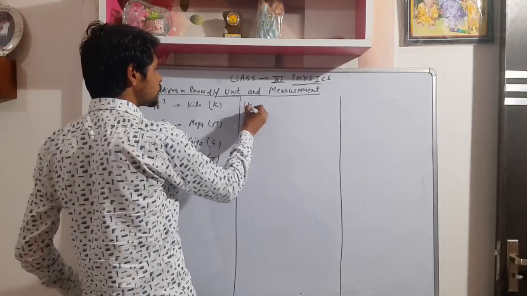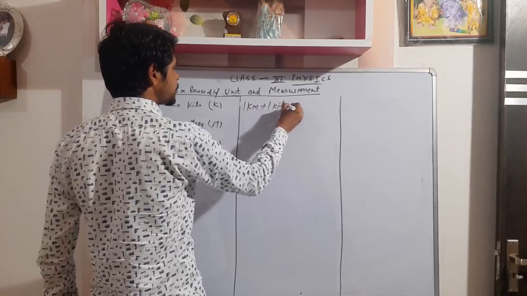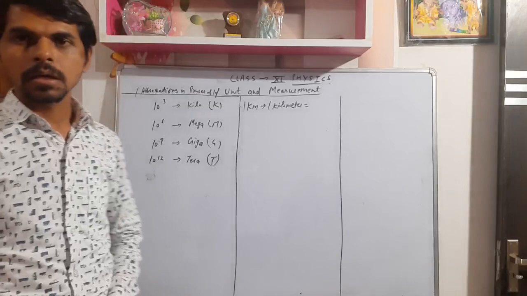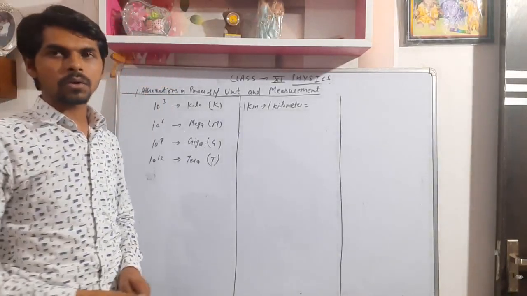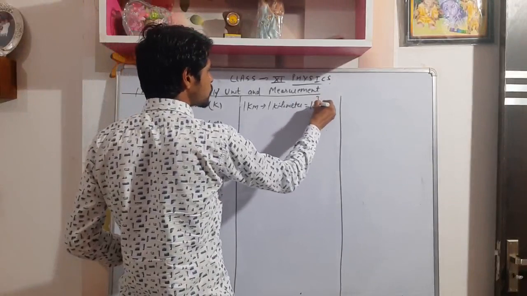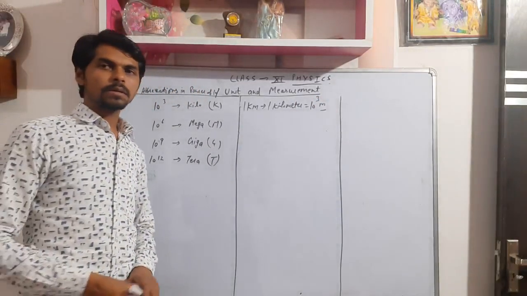If 1 km is written, it means 1 kilometer. The value of 1 kilo is 10 to the power 3, so 1 kilometer equals 10 to the power 3 meter.